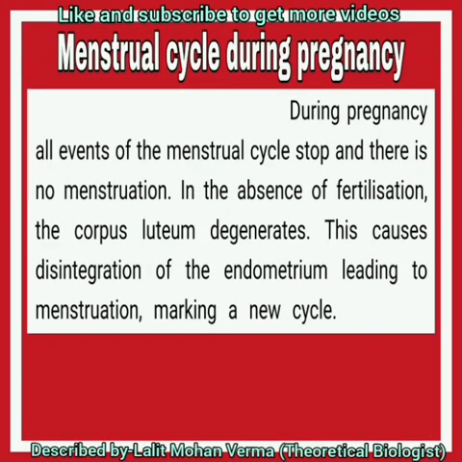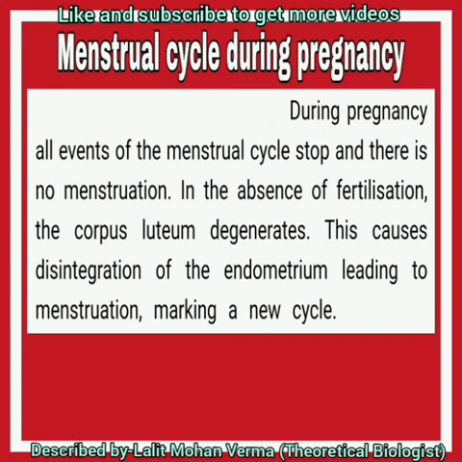You know, is the menstrual cycle during pregnancy stopped or running smoothly? During pregnancy, all events of the menstrual cycle stop and there is no menstruation. In the absence of fertilization, the corpus luteum degenerates.